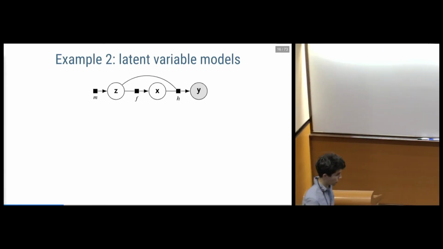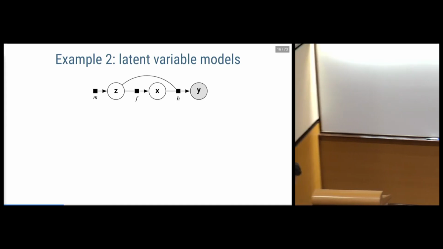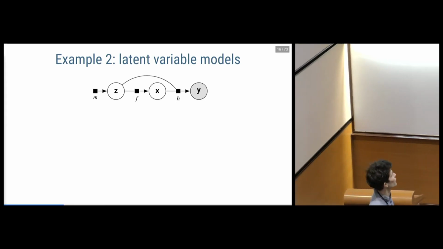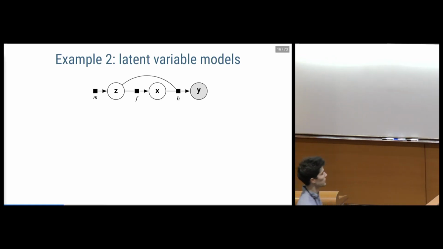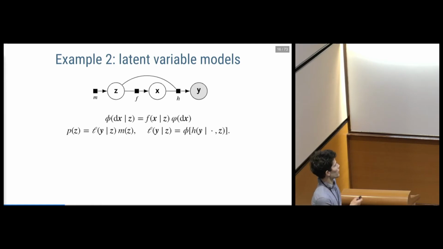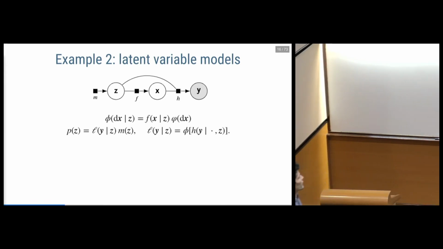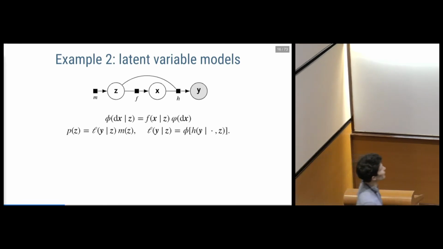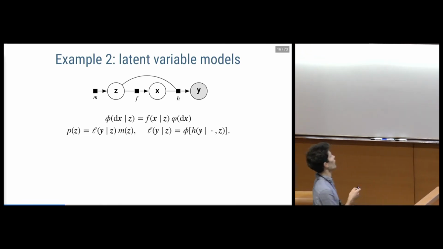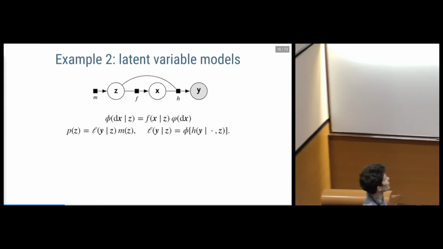So the more usual example that we've actually counted many, many times over the workshop so far is latent variable models. These are usually the prototypical example people think of when they're talking about pseudo-marginal methods. So here we're just saying that our observations depend on some latent variables x, which themselves are modulated by some set of parameters z, or unknowns, which are the actual target variables of interest.